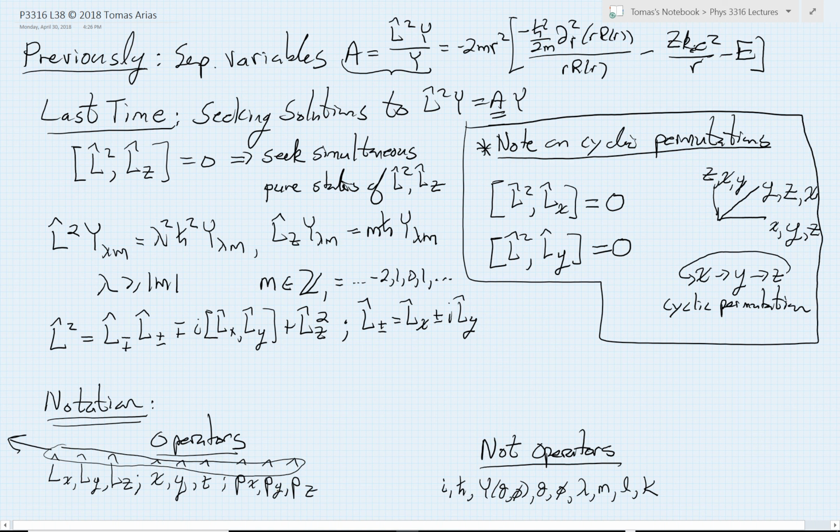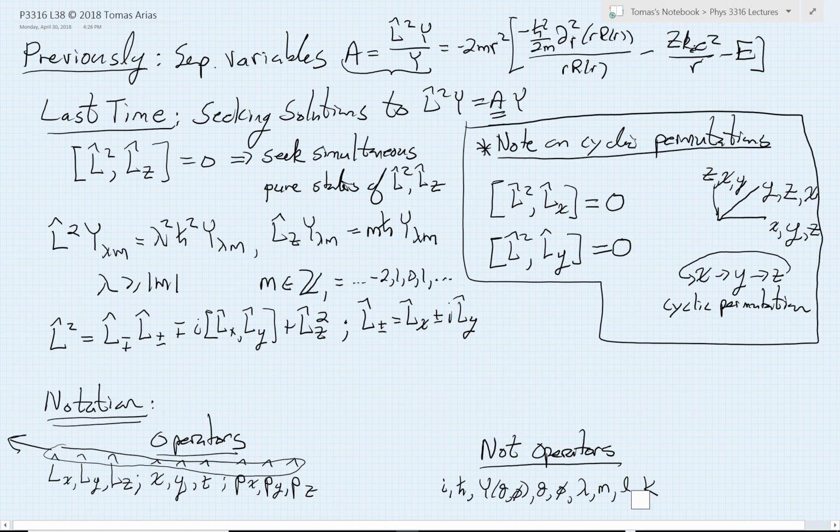It should be clear, though, that there are other objects that will appear today, and I believe this is a complete list. If it's not, I still think you will be able to tell from context, but these are things that are clearly not operators, and I hope you will keep that in mind. The square root of minus 1, i, is not an operator, h bar is a constant, Y are these functions that we're solving for, theta and phi are just my angular coordinates, lambda and m are just these dimensionless parameters that characterize the magnitude of the total angular momentum and the z component of the angular momentum.